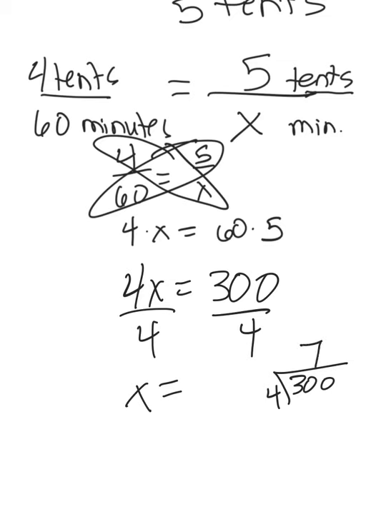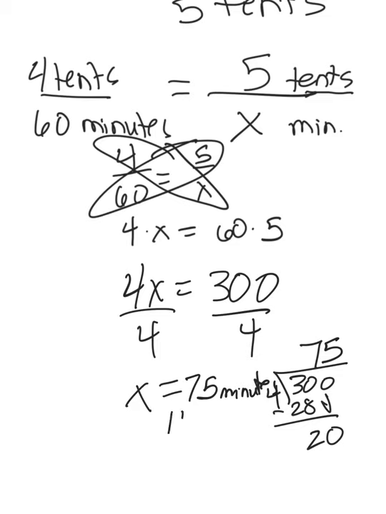See here, 7 times 4 is 28. 30 minus 28 is 2. Oh, I could. Let's see. 4 goes into 300 75 times. That is 75. It is minutes. I am not going to leave it like that because I know 75 minutes is 1 hour, 15 minutes. 60 minutes in 1 hour. It's more than 60. So now I'm ready for my sentence.